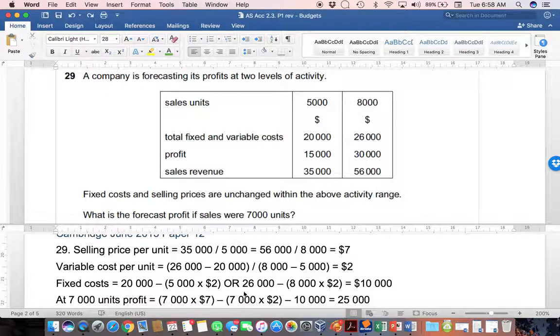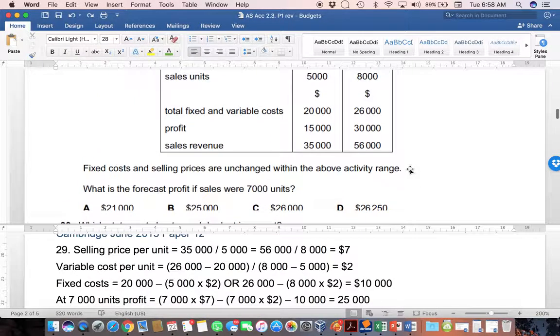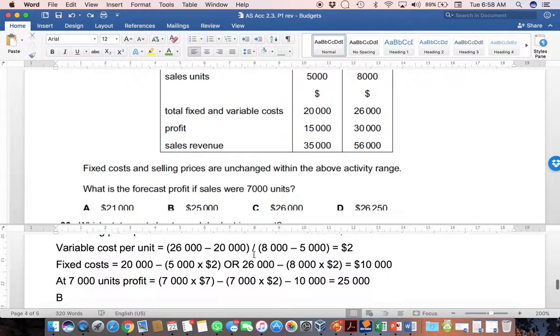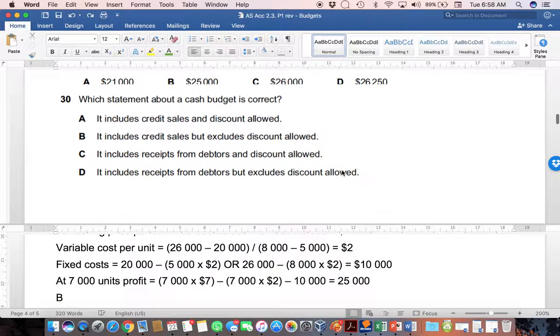Or if you wanted to, you could even combine these if you'd already worked out that the contribution margin is $5 and just say 7 times $5, which gives you your 35,000 as your contribution. And then you subtract your fixed costs of 10,000 to get an answer of $25,000 as your expected profit. You look for that in your options and you can see that you would want to choose B.